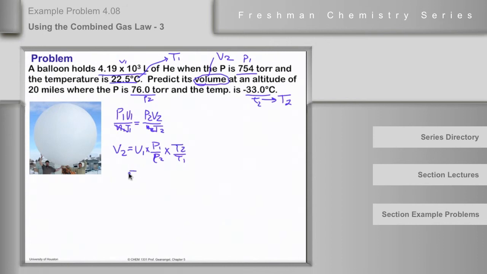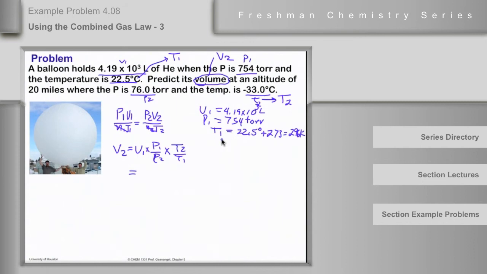So when we begin to plug things in, V1 is 4.19 times 10 to the third liters. And P1 is 754 torr. And T1 is equal to 22.5 degrees plus 273. And I think that's about, rounded to 3 significant figures, we could call it 296 kelvins. Okay?